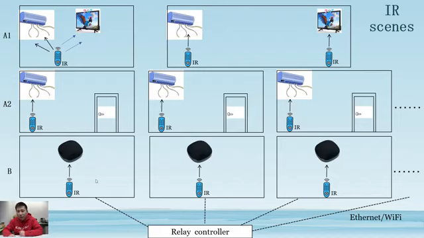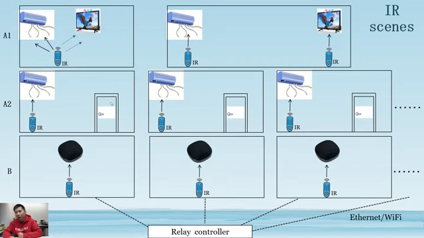The IR signal needs to be sent to the device directly, so it can't go through the wall. So this IR remote can't control that air conditioning. So in every room, if you have an IR device, you need an IR remote.